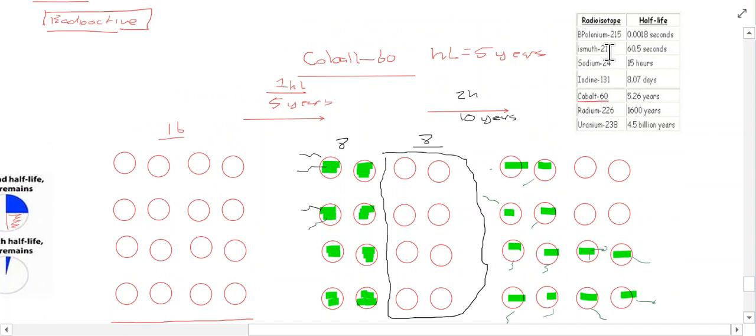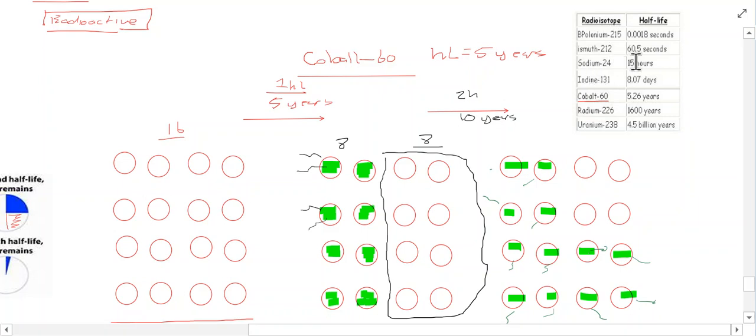And if we have a look here, these are some other isotopes, or radioisotopes, of other elements, and you can see that there's a wide variety of half-lives. If you take a sample of palladium-215, it only takes 0.0018 of a second for half of the sample of the radioactive isotopes to break down.